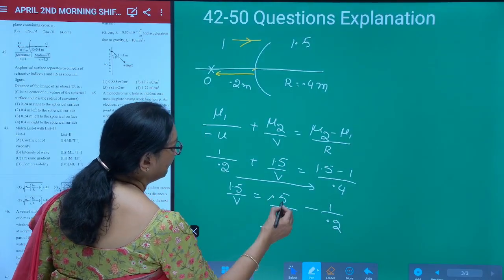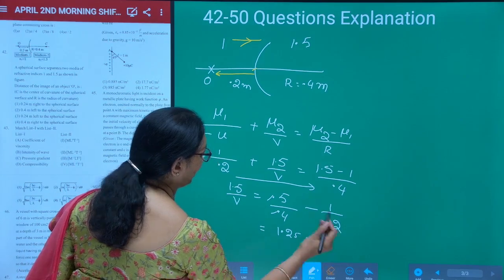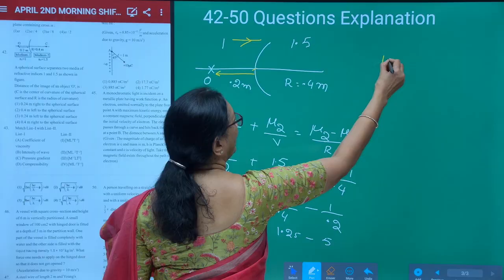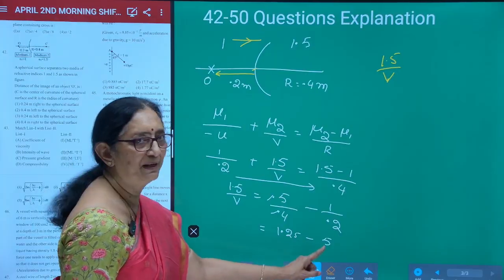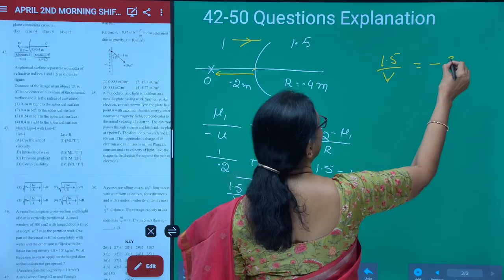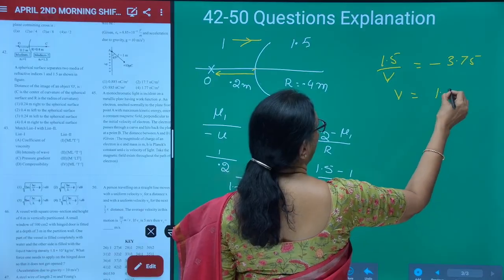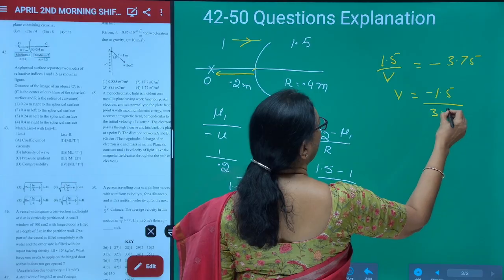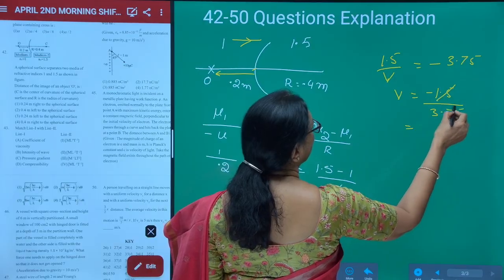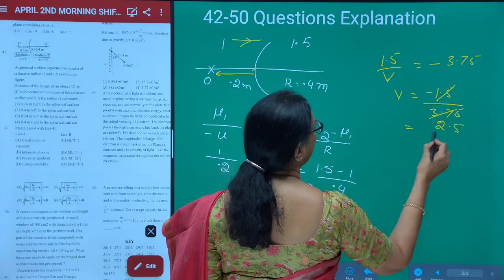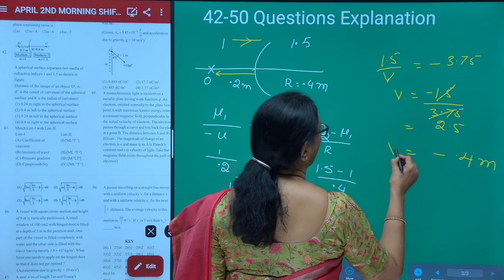So, this is 5 by 4 is 1.25. 1 by 0.2 is 5. So, 1.5 by v is 1.25 minus 5, which is minus 3.75, from which v is equal to 1.5 by 3.75, right. So, here this gets cancelled, 2.5 times 1 by 2.5 is 0.4. So, this is the answer.